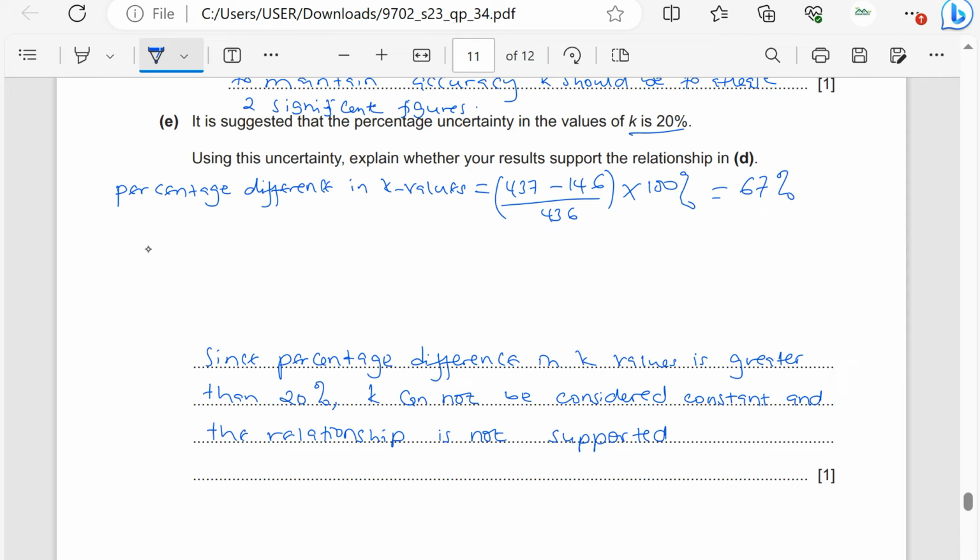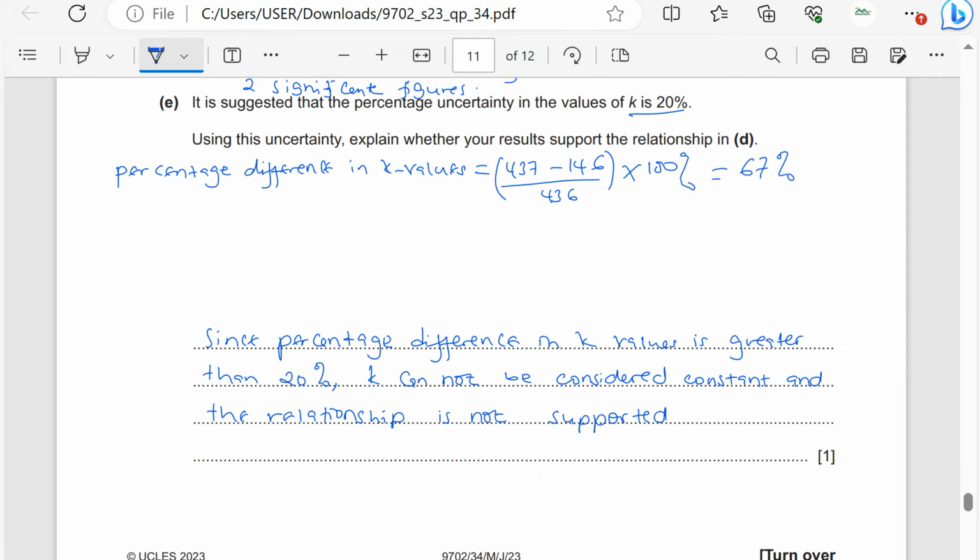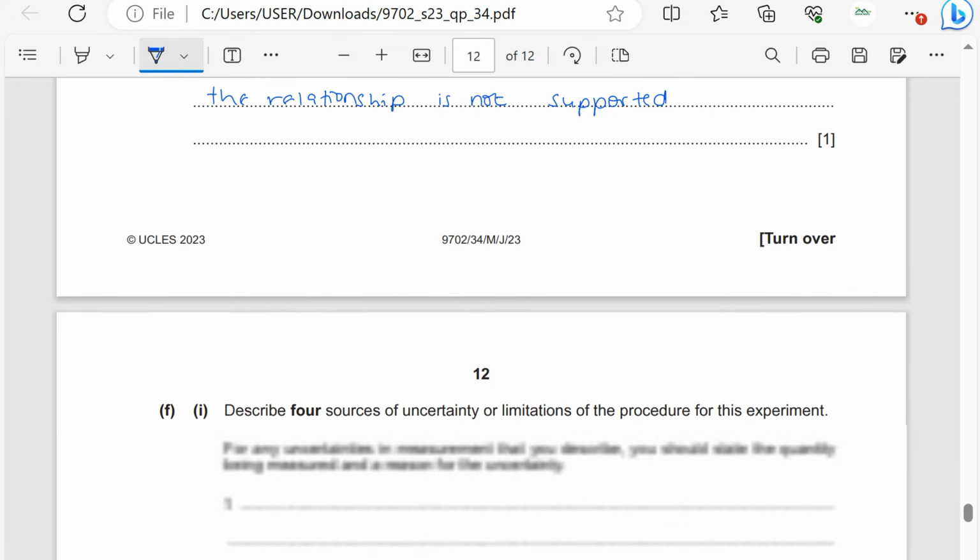Because the percentage difference in K values is way over 20%, we can't consider K to be constant. So the relationship is not supported. That one will give you that mark.